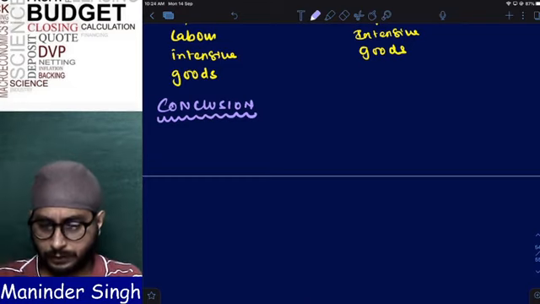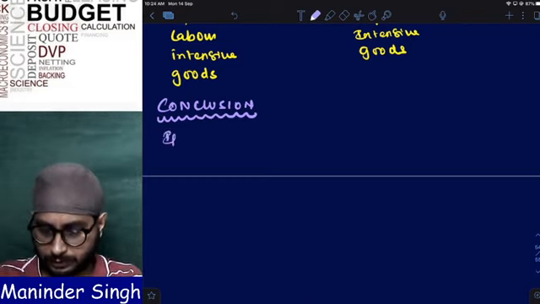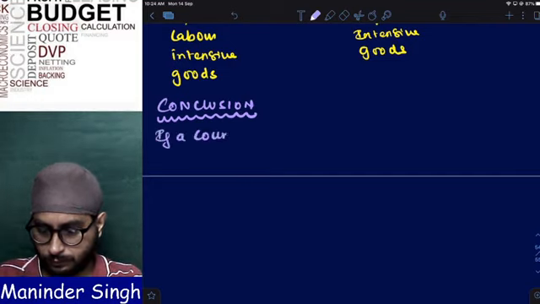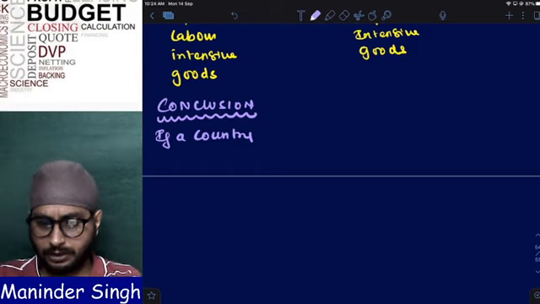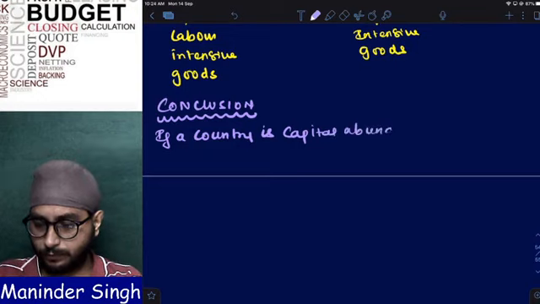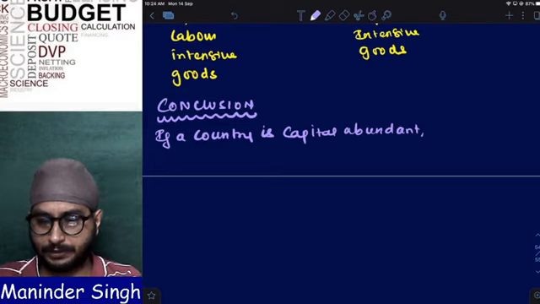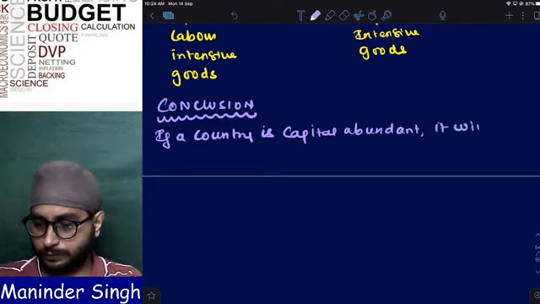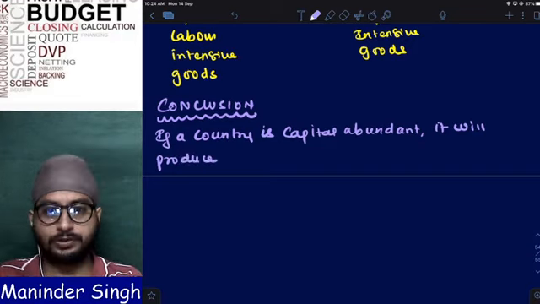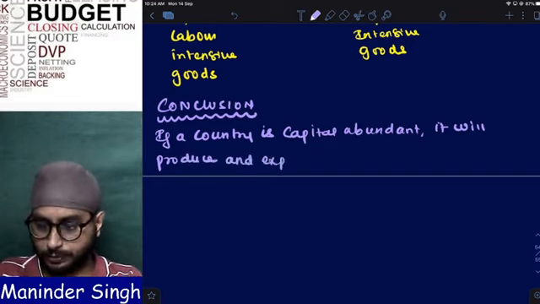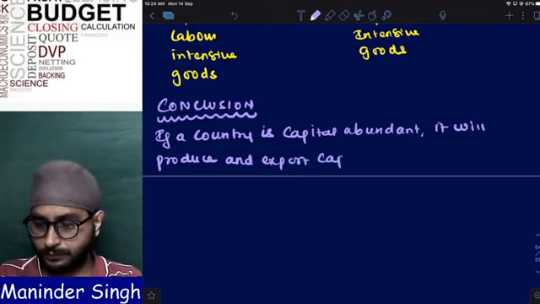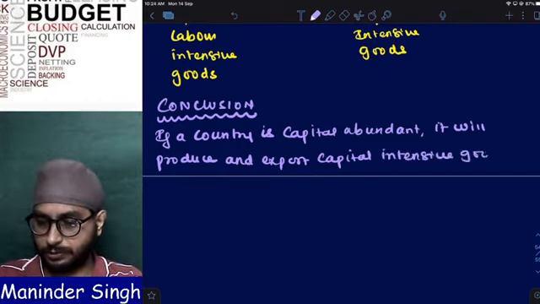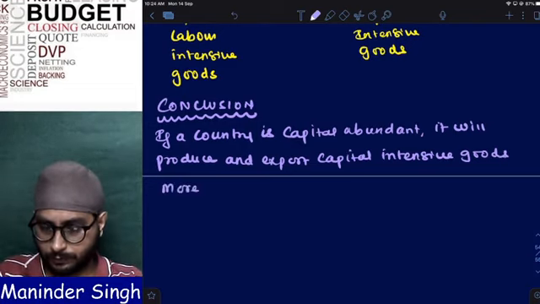Now, if a country is capital abundant, it will produce and export capital intensive goods more cheaply than the other country.